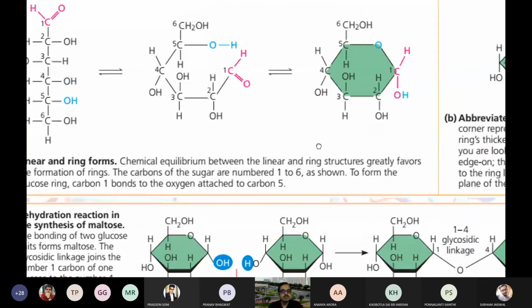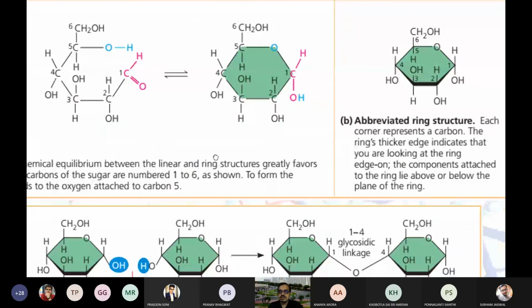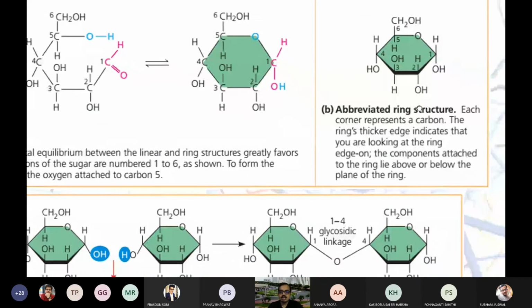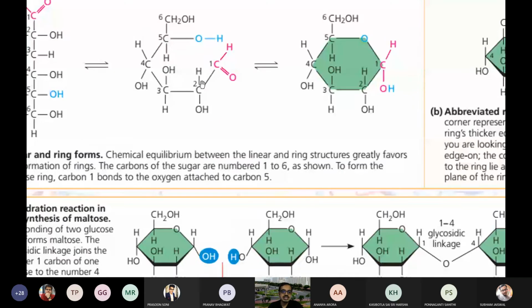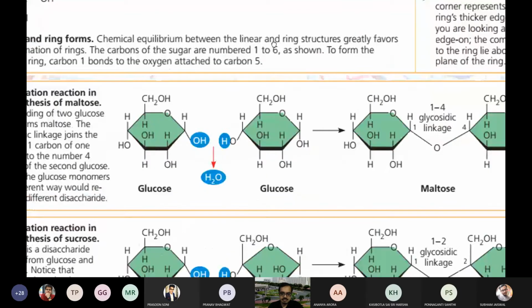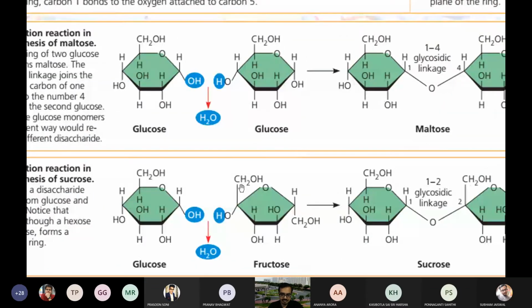So that depends. What about your fructose? Fructose is a different molecule now. Because the carbonyl group is present on the 2nd carbon atom, fructose will have 2 dangling carbon atoms, and it will make a 5-membered ring.